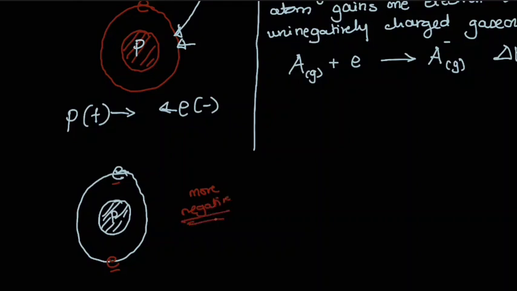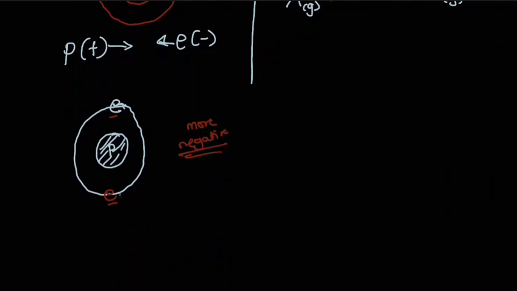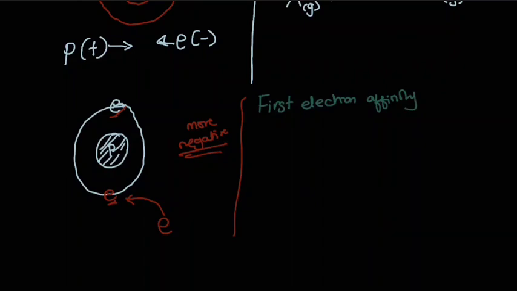So at first, when it was gaining, there was a higher attraction of this electron, but afterwards there will be a lower attraction, because the incoming electron is going to be repelled by the negative electrons already in the energy levels. So when we're adding the first time, which is also known as first electron affinity, it is going to be exothermic, or heat will be given out.